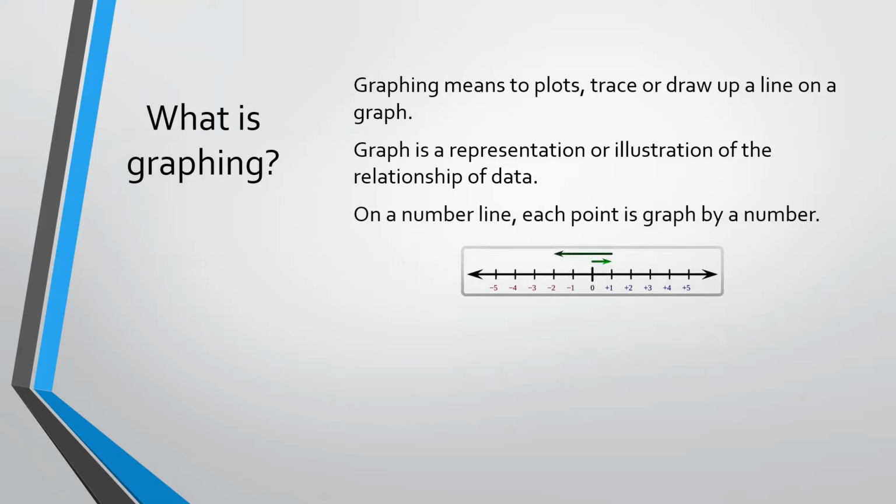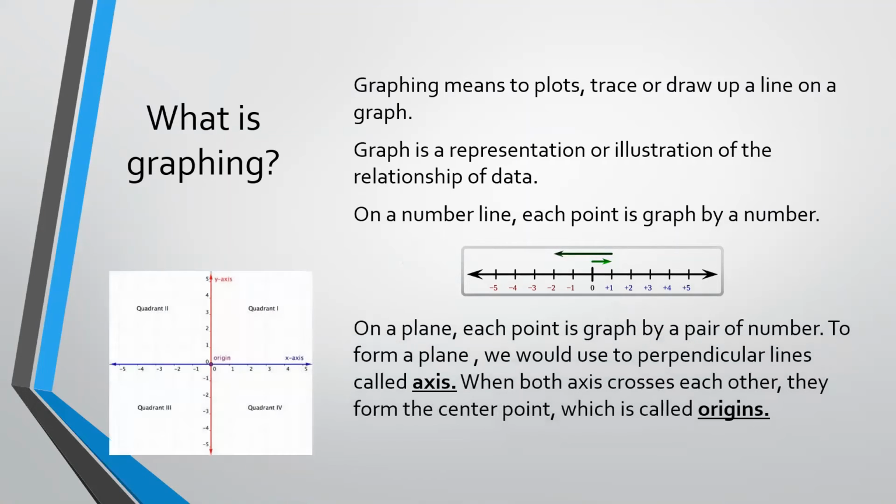On a number line, each point is graphed by a number. And on a plane, each point is graphed by a pair of numbers. To form a plane, we would use perpendicular lines called axes. When both axes cross each other, they form a center point which is called the origin.